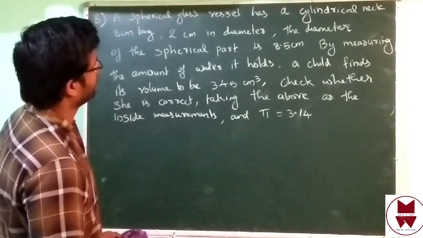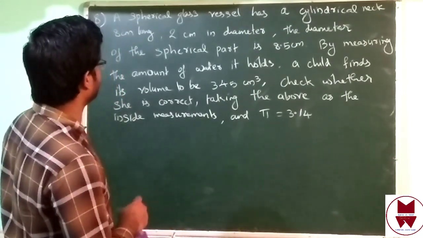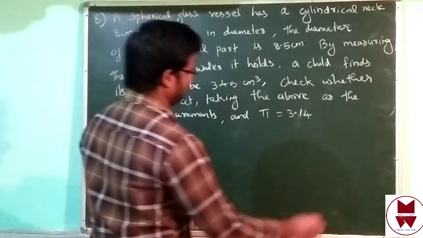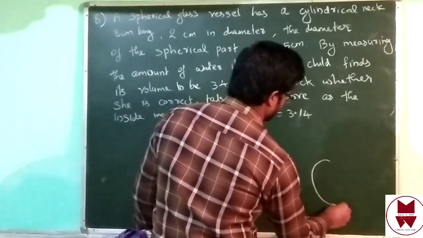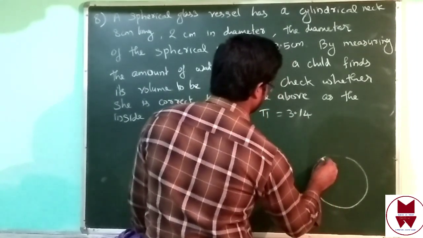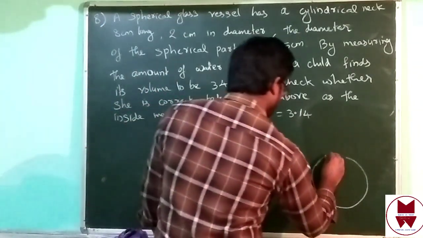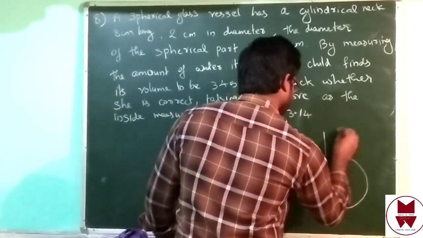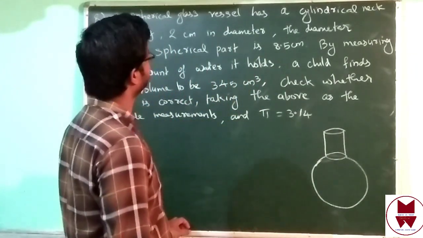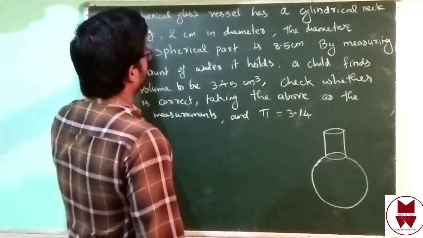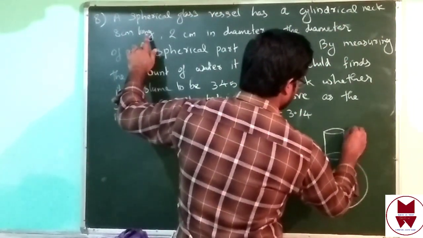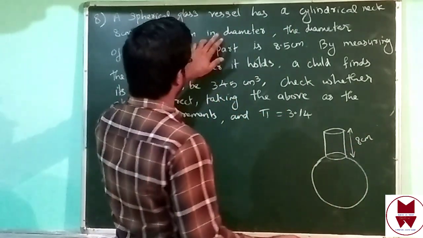You can see the last question, that is question number 8. A spherical glass vessel has a cylindrical neck 8 centimeter long, 2 centimeter in diameter. And then we can draw that figure. Spherical glass with neck like a cylinder. This is our figure. Then a cylindrical neck 8 centimeter long, that means height of this neck is 8 centimeter, 2 centimeter diameter.